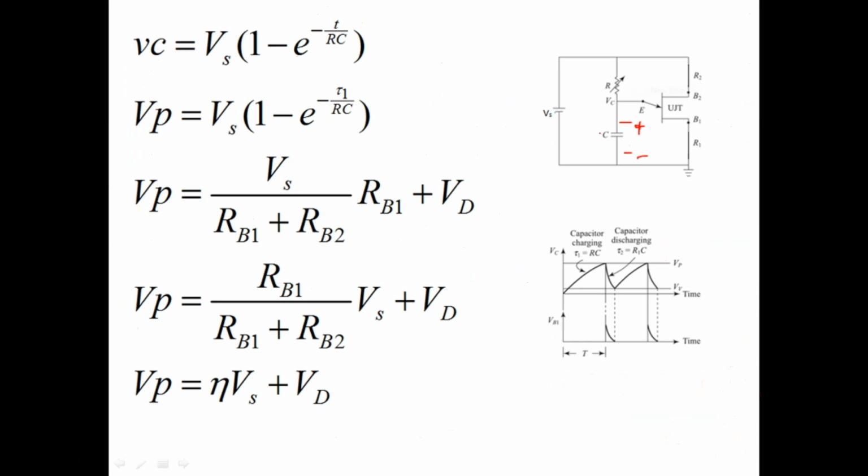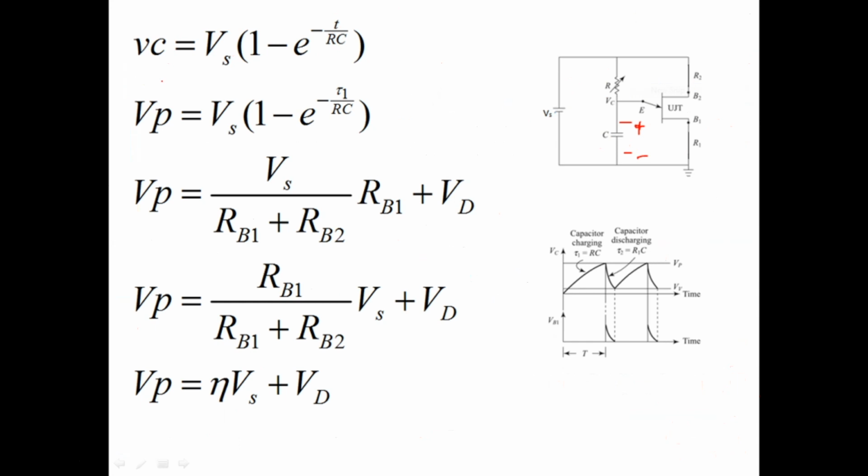When t is a very high value, e power minus t by RC reaches nearly 0, so the capacitor voltage reaches Vs. That is only if this circuit alone is there, but here we have some other components, so the behavior will change. But this is the equation describing RC circuits.